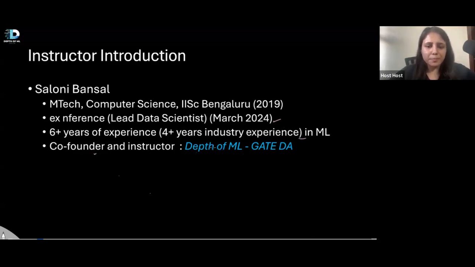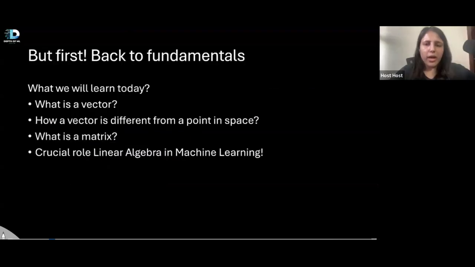So today, I actually wanted to motivate you guys on why linear algebra is important in machine learning. But before that, I want to build some fundamental base so that you understand what I'm talking about. So in today's class, we will first look at what is a vector. Then I'll differentiate between a vector and a point and what is a matrix. And these three will be enough to understand what I want to talk about in the role of linear algebra in machine learning.